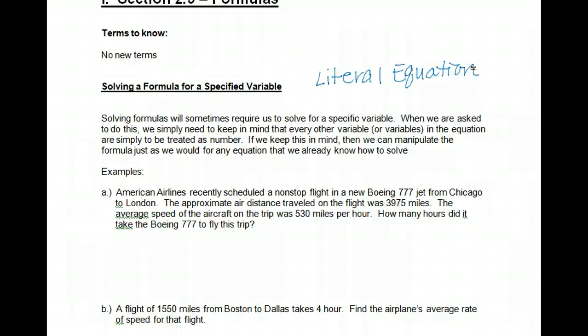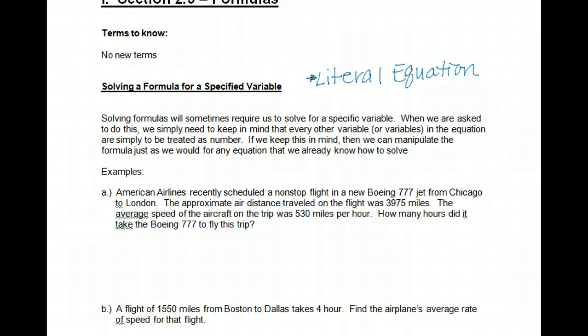If you keep that in mind, then you can manipulate your formula or your literal equation exactly as you would for any equation that you already know how to solve. Okay, so you have to get in the mindset that variables behave exactly the same way that numbers behave.